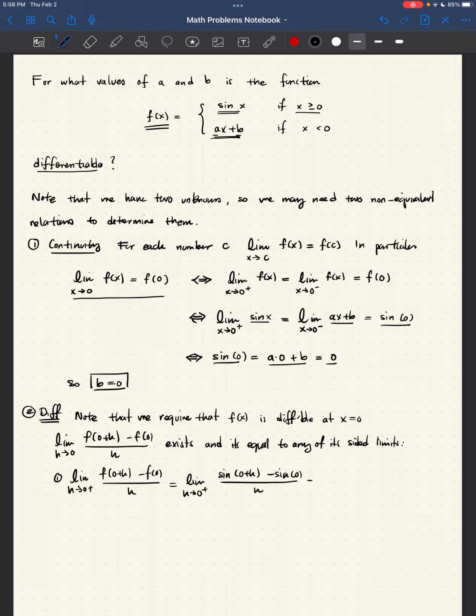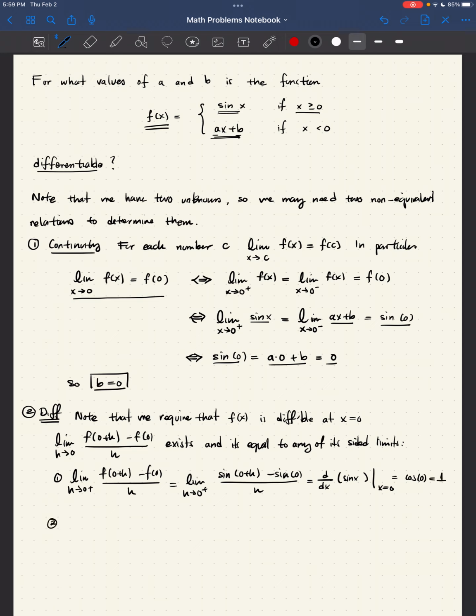But this is nothing else but the derivative with respect to x of sine of x evaluated at x equal to 0, which is the cosine evaluated at 0, which is 1.